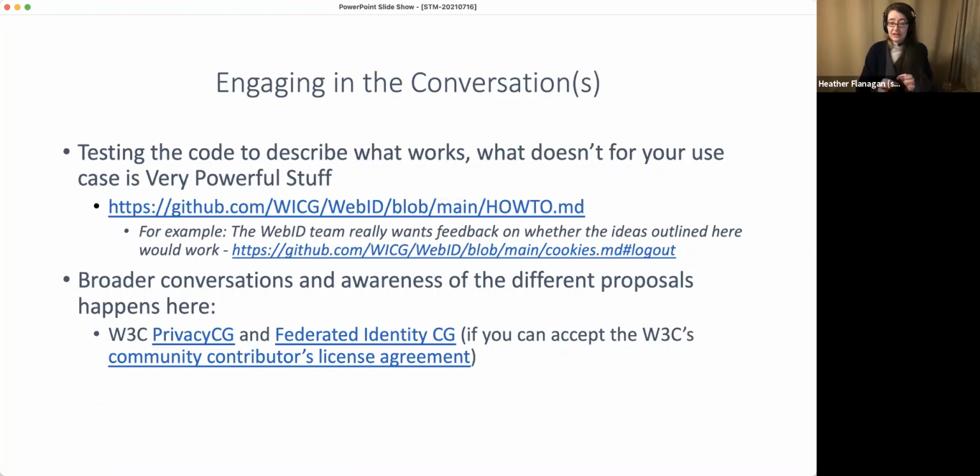They have a very detailed process of how they test their ideas, and they allow anybody to actually participate in that testing to give them feedback on the things that they're prototyping in their browsers. You just have to know that the exact how to do it is out there, and then you have to be able to work with them at that level of rebuilding your own browsers and running through tests and everything.